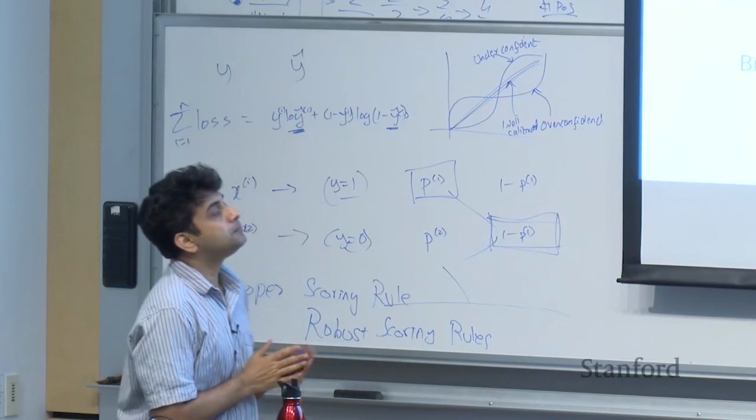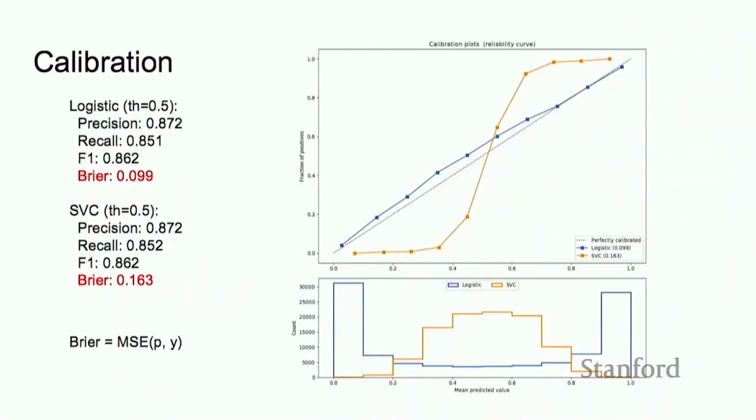So a few takeaways from this slide: it's always important to see these two plots in conjunction, and the way you want to read them is first make sure that your model is well calibrated. If your model is not even calibrated, then the probabilities that it is predicting are not even valid probabilities.